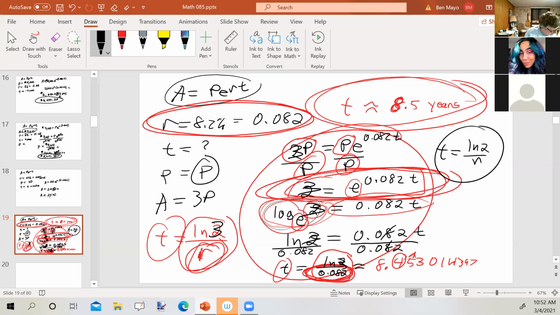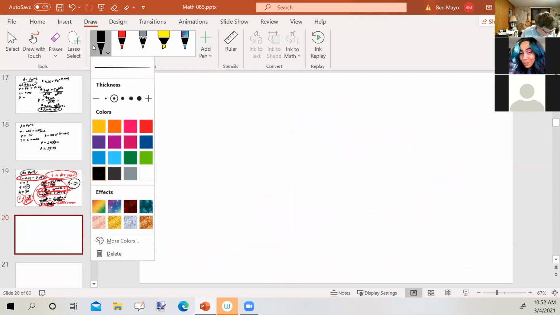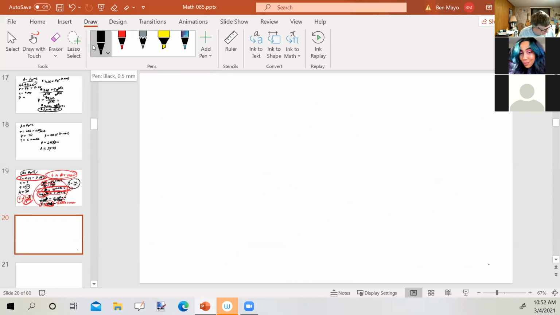Let's take a look at another example of doubling. How long will it take $1,000 to double if it's invested at an annual rate of 5% compounded continuously?